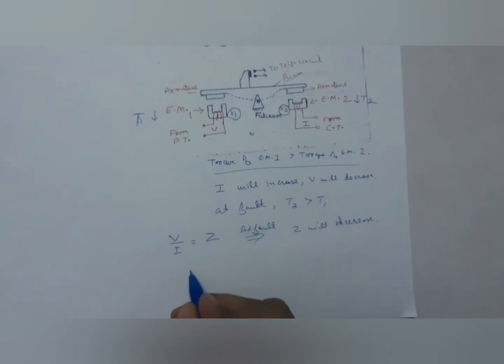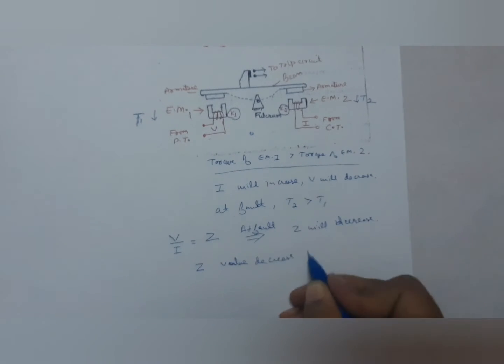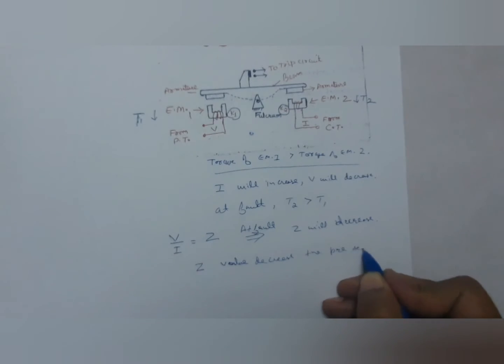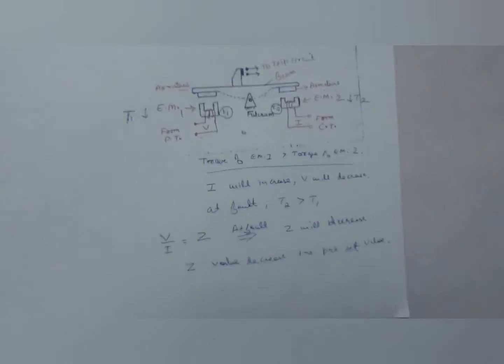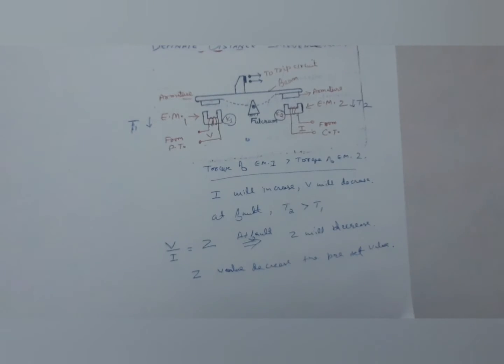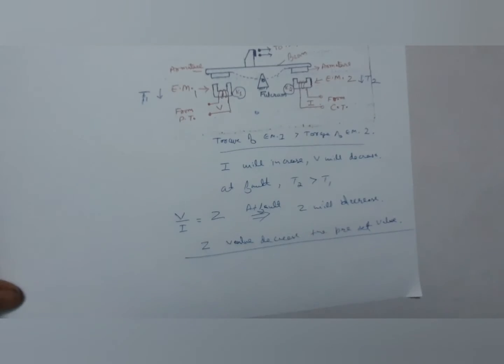So this relay will operate when the Z value decreases below the preset value. So this is the main principle of the definite distance impedance relay.